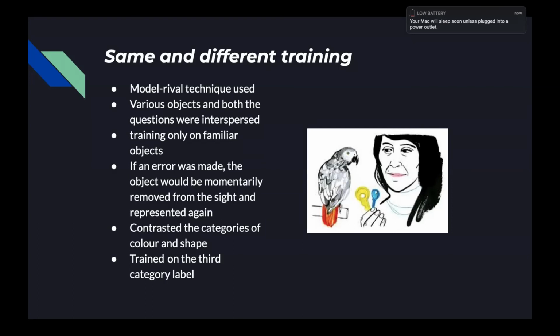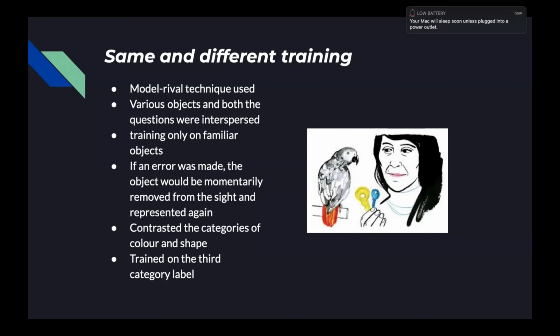Researchers also made sure that same and different training was limited to a specific set of familiar objects. Familiar objects were those that Alex already had labels for, such as blue, green, yellow, rawhide, right?